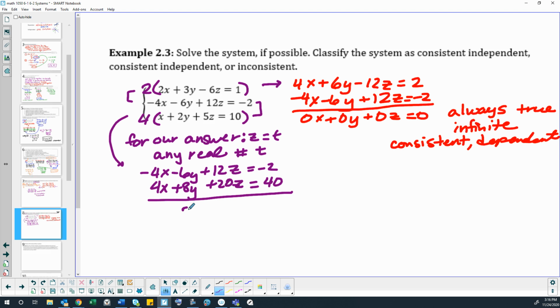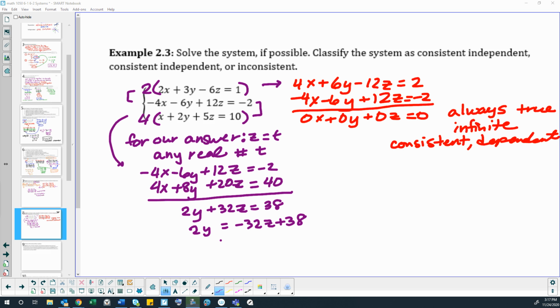Okay, add those together, we get 2y plus 32z equals 38. So let's solve this for y. So 2y equals negative 32z plus 38, and then divide everything by 2.